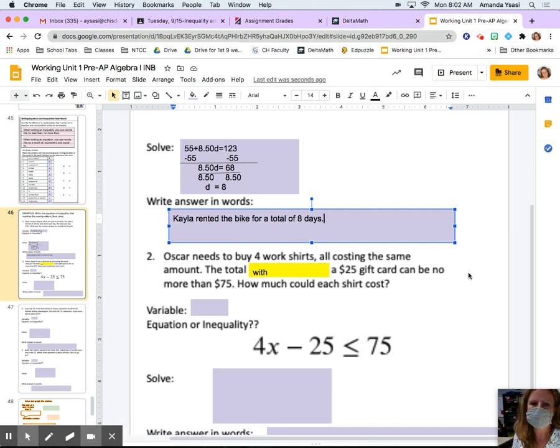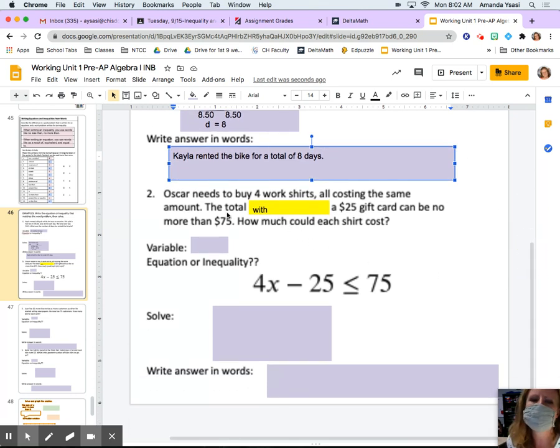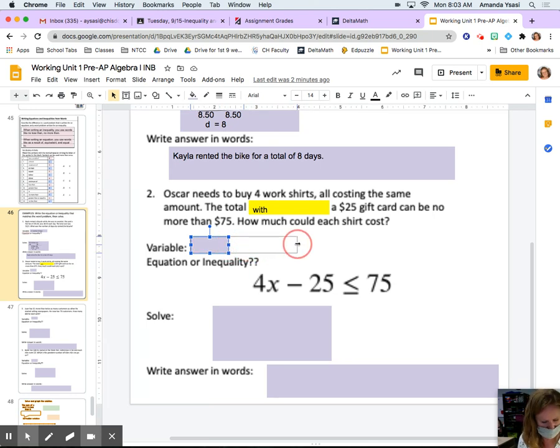Okay, so the next one, Oscar needs to buy 4 work shirts, all costing the same amount. The total with a $25 gift card can be no more than $75. So we need to write what the variable is. What do we want to use as our variable? The cost of the work shirt. Okay, so what letter? It doesn't really matter.